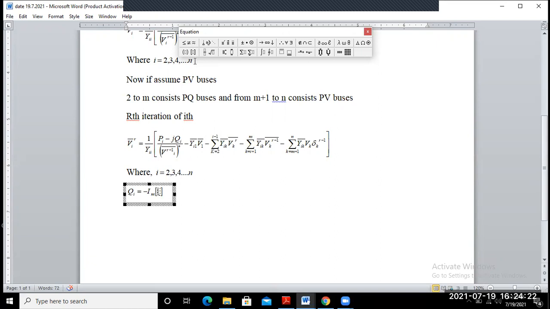V_i complex conjugate, that means V_i at an angle of delta_i, so the complex conjugate here becomes minus delta_i.